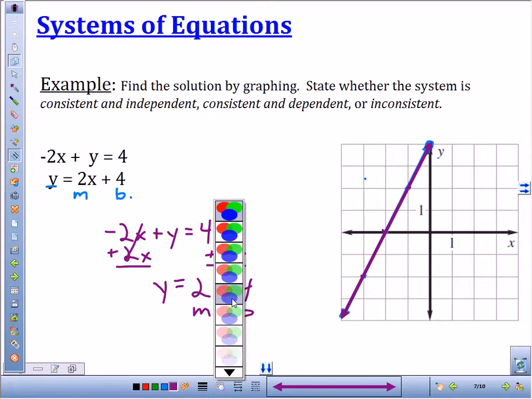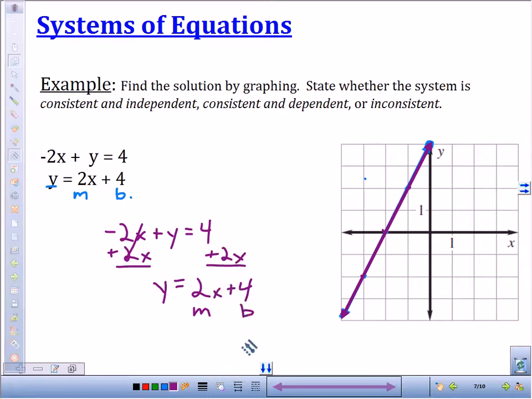And I'm going to change the transparency so we can see that maybe. Nope, guess not. That doesn't actually work. That's too bad. Anyway, we'll ignore that. The two lines are sitting directly on top of each other, whether we can see it or not. And we can tell then that there are infinitely many solutions.